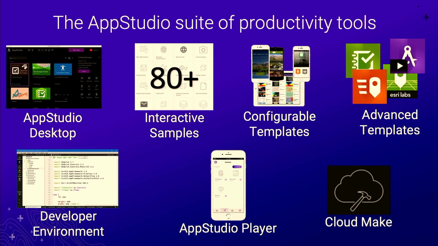And then we have CloudMake. CloudMake is our build service in the cloud. So rather than you having separate build machines for iOS, Android, Windows, and all these, and making sure that they are in sync with whatever version of AppStudio you're using, and that the libraries and DLLs are all lined up, we have a build service in the cloud.